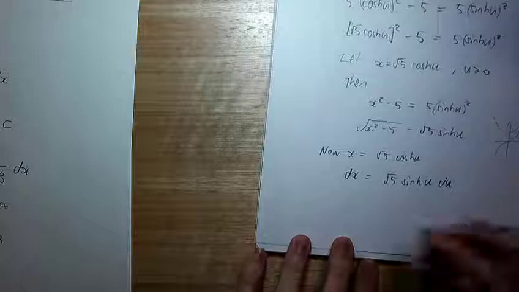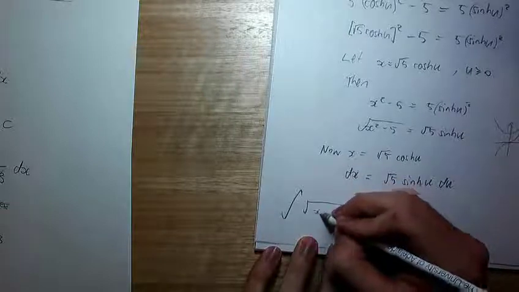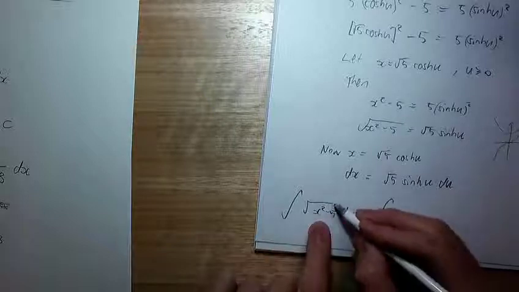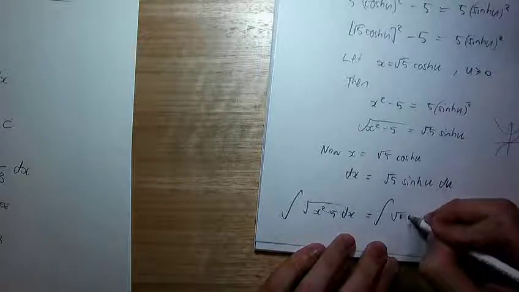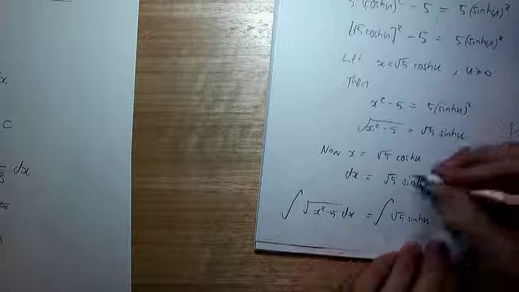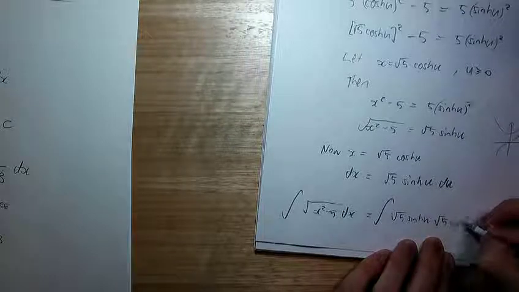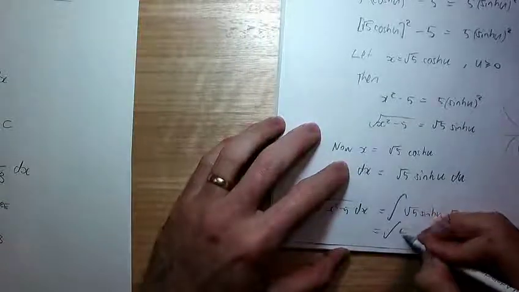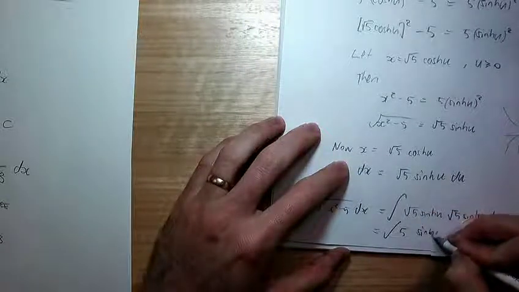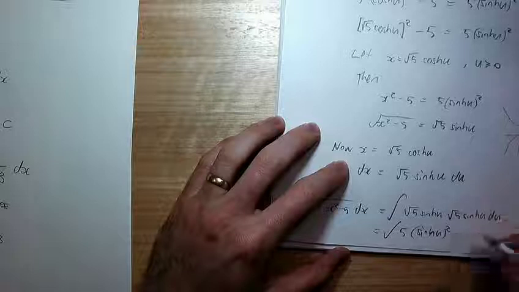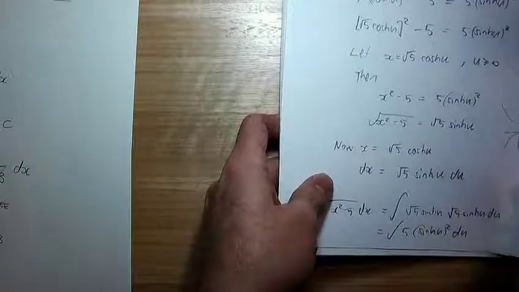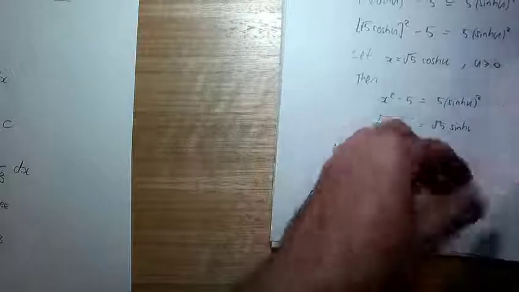And so we get the integral of root x squared minus 5 dx is now, that bit was root 5 sinh u. The dx is root 5 sinh u du. And that's coming out to 5 sinh squared u. Brilliant! We just did one that was cosh squared, so it should conceivably be possible to do one that's sinh squared.